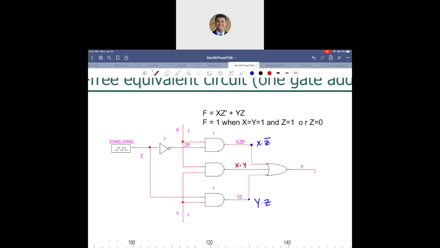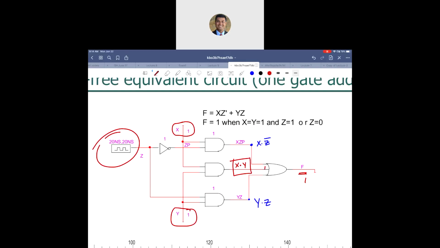So even though the input z changes the same way as before, f is going to continue to be 1. It is never going to go to 0, because this term, as long as x is 1 and y is 1, x and y will always be 1.